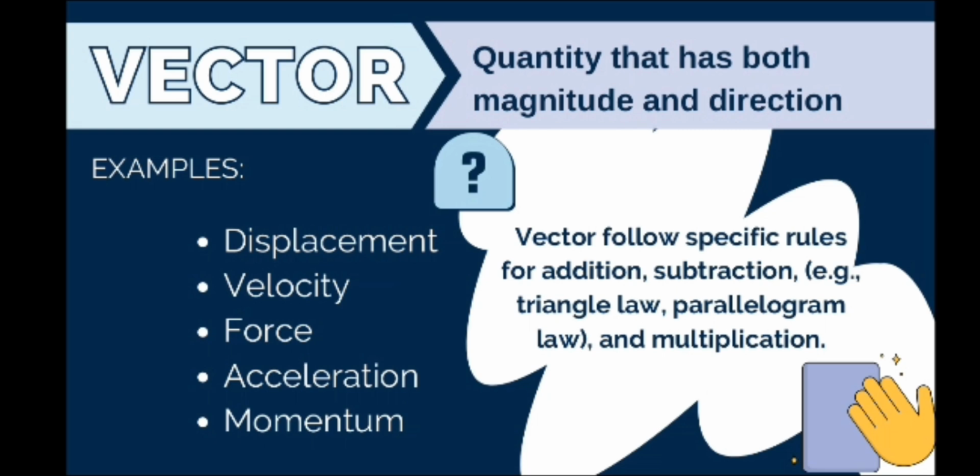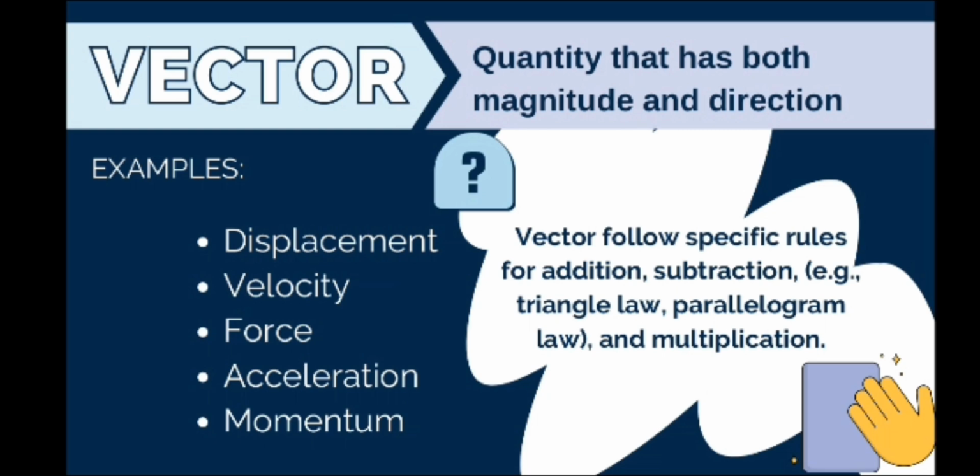Unlike scalar quantities, which are fully described by a single number, vectors require more information to be completely specified. Vector arithmetic is different from scalar arithmetic.